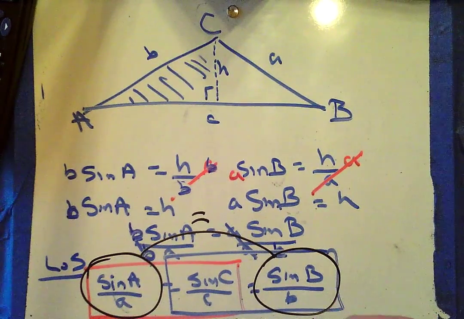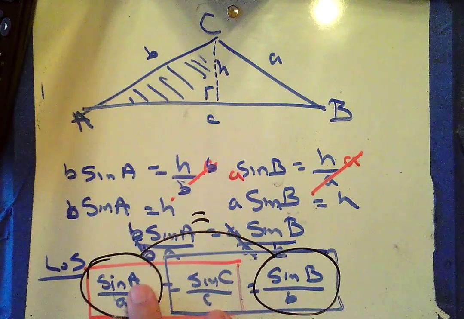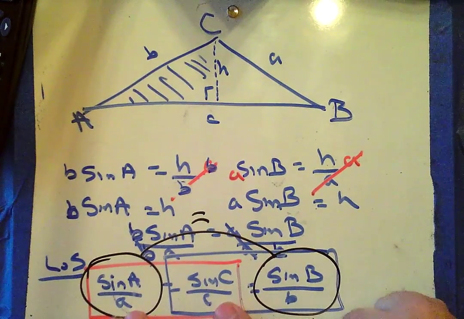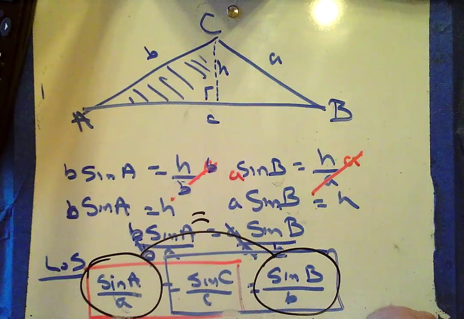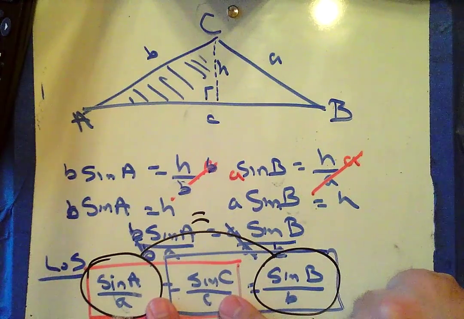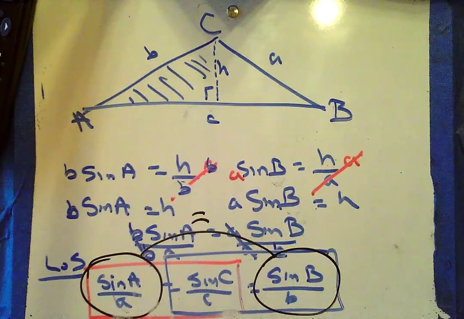You'll always be given three pieces of information, either two sides and an angle or two angles and a side. That's what we're going to be given these first couple of days. And we're going to be asked to either find the missing side or angle using the law of sines as a way for us to then solve the rest of the triangle.